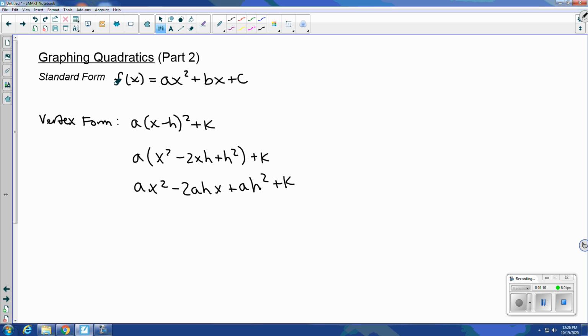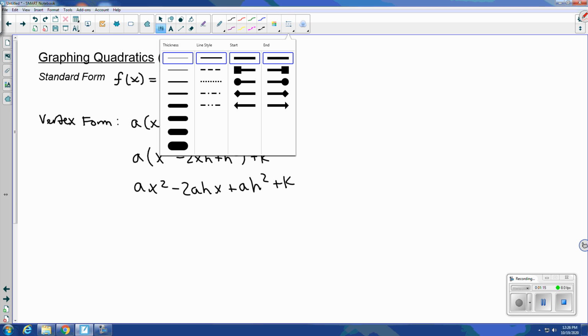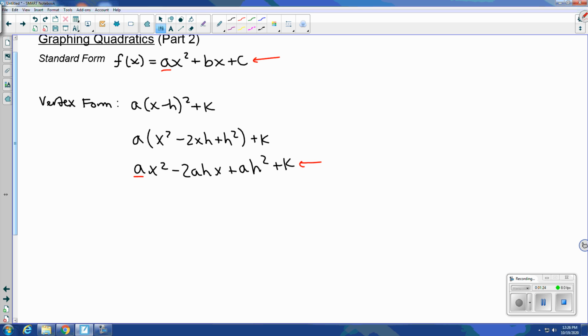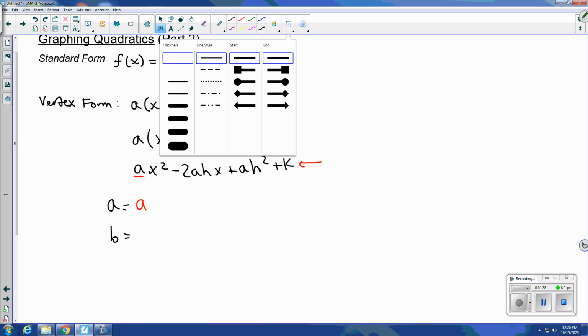Now, let's draw some parallels between the standard form that we wrote above and this new expanded version of the vertex form. We'll see that a in front of x squared still remains unchanged. So a in the standard form still equals a. The b equals what's in front of the linear term x.